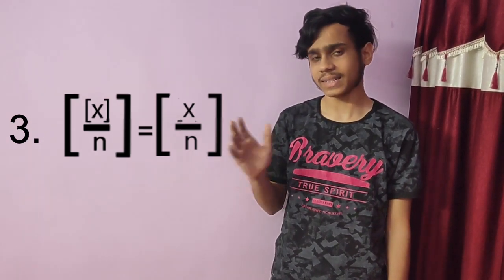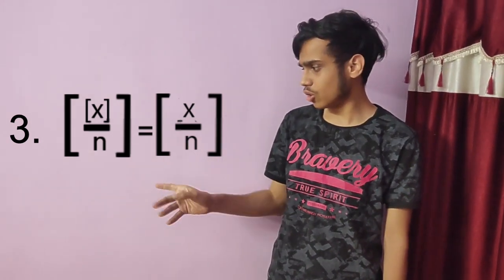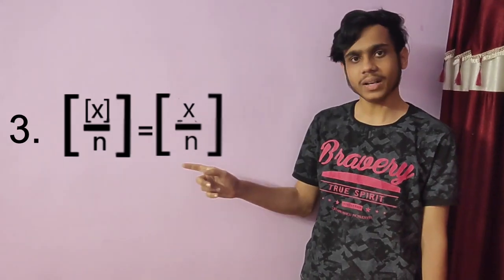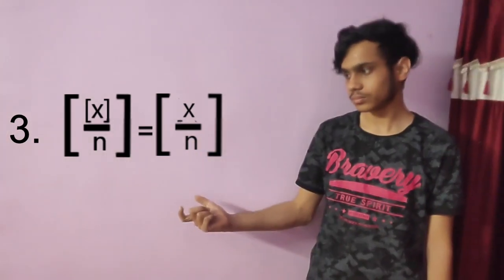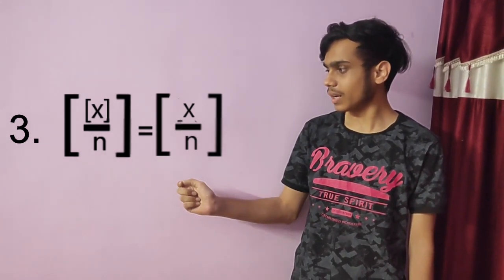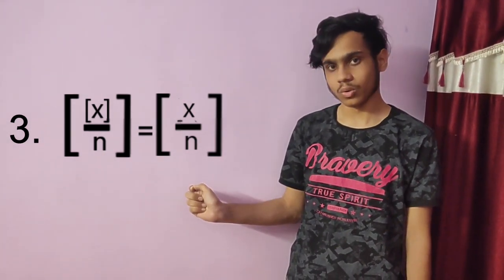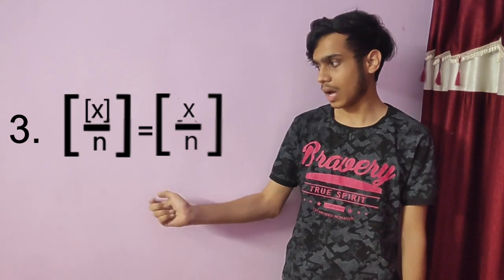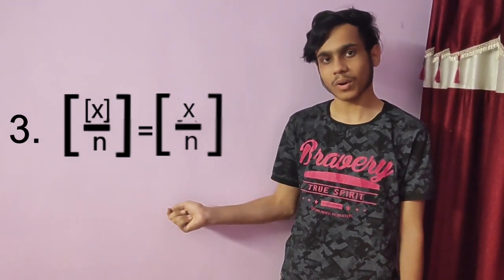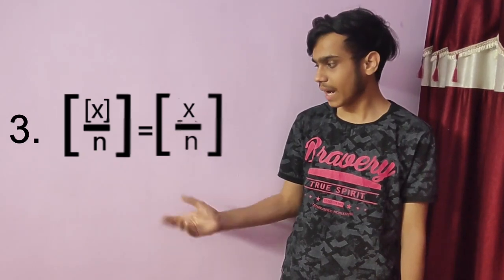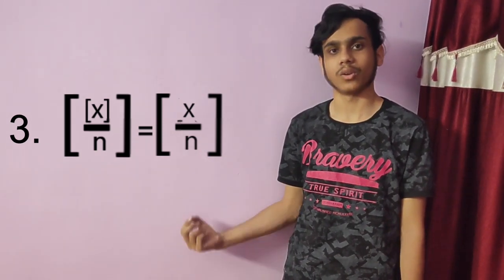So here is an example for our understanding. The bracket of 3.2 divided by 4, whole under the bracket, will equal 0. And if I take 3.2, I mean it will give us 3 by 4, and the value is 0.75, and whole that in the square bracket would give us 0.